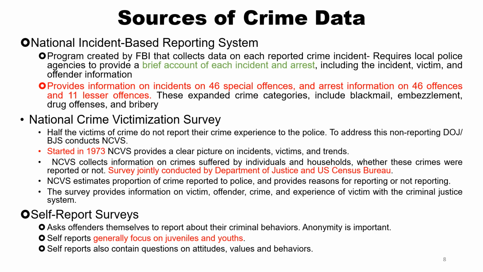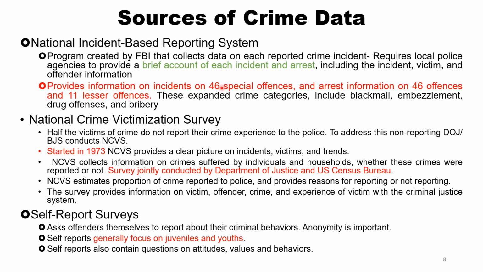There are 3 other important sources of crime data which are commonly used. The National Incident-Based Reporting System, or NIBRS, is data collected by the FBI from the police agencies. The program collects data on 46 special offenses.